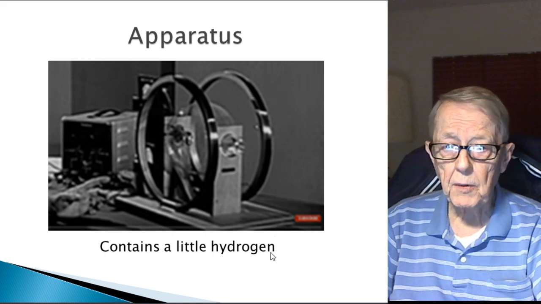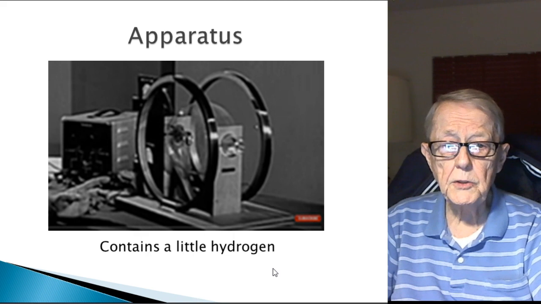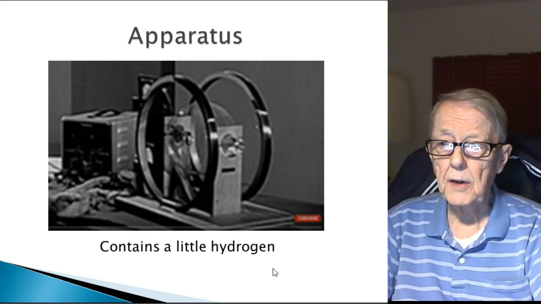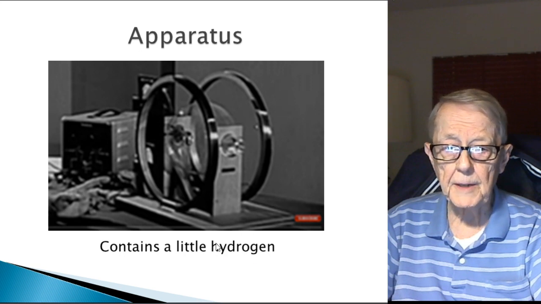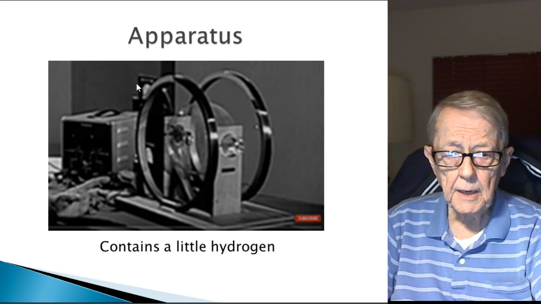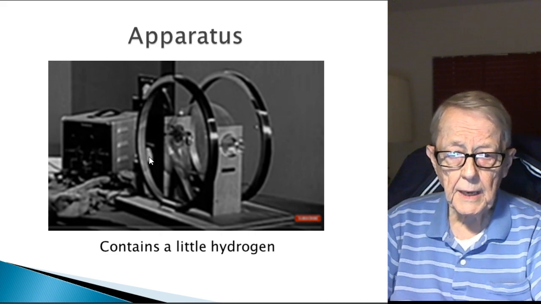This is the apparatus that the lady in the video used to measure and calculate the value of the mass of the electron. What we have here is a power supply. Back behind the power supply, there's a voltmeter up here, and there's an amp meter here, measuring volts and measuring current.